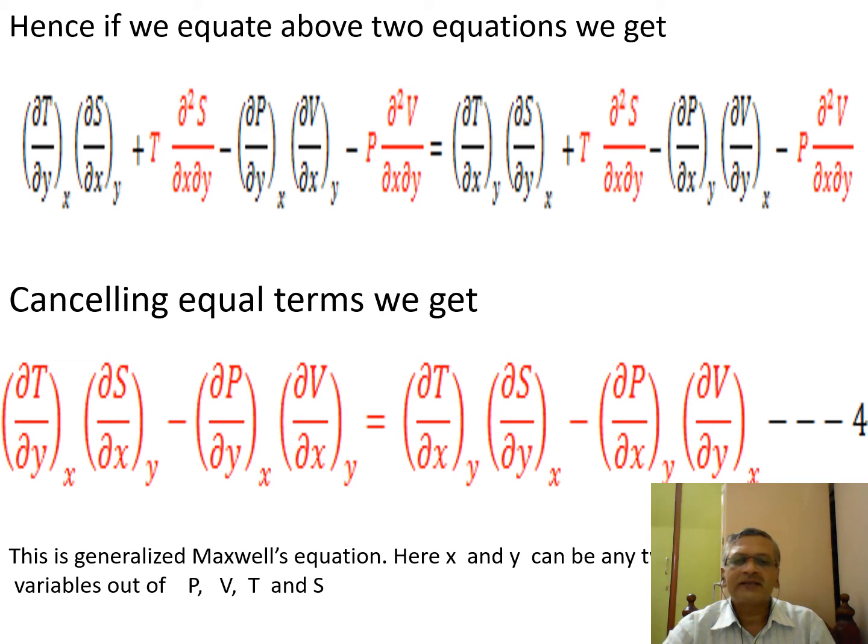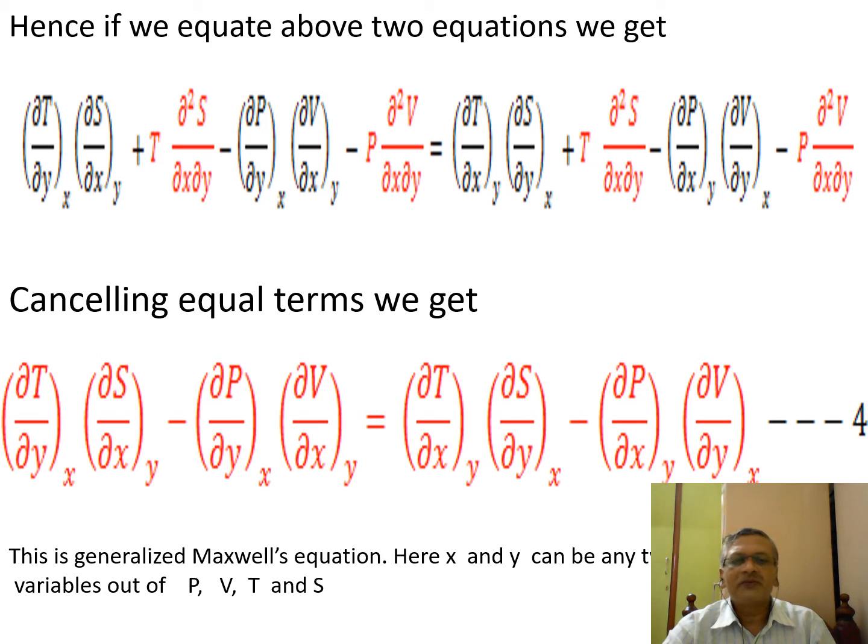Here x and y are two variables. They are changed according to pressure, volume, temperature and entropy changes. And it can be remembered very easily. It is TSPV type.